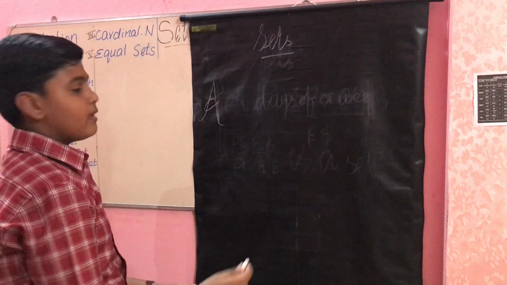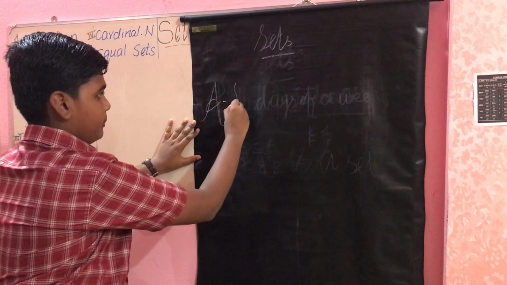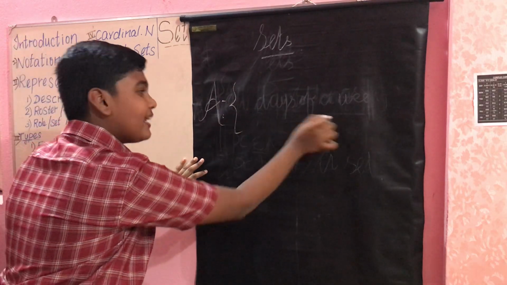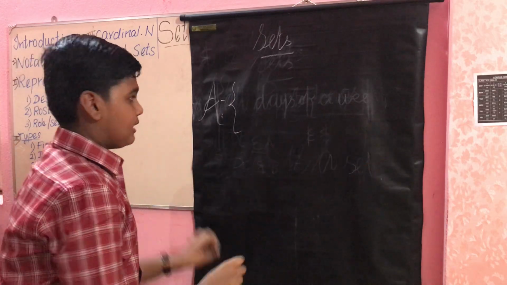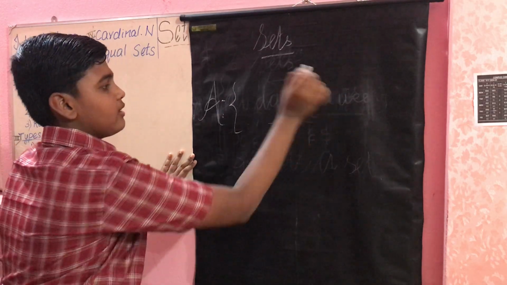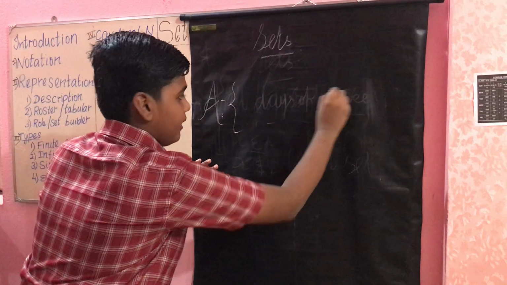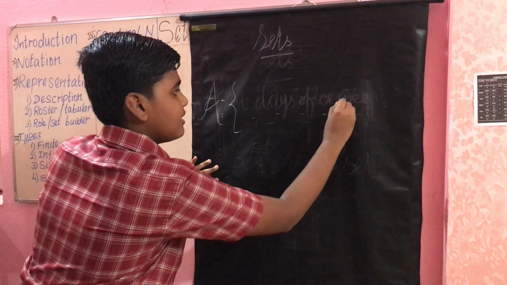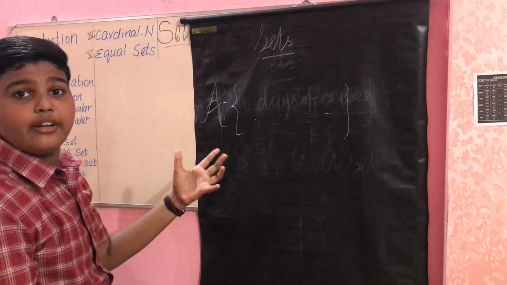This will be there, such that will be there, and a curly bracket, and we will be writing all the days. We will not be writing all days of a week. We will be writing Monday, Tuesday, Wednesday, Thursday, Friday, Saturday, Sunday. We will put small dots and close it. This is the way we need to write in the roster form.